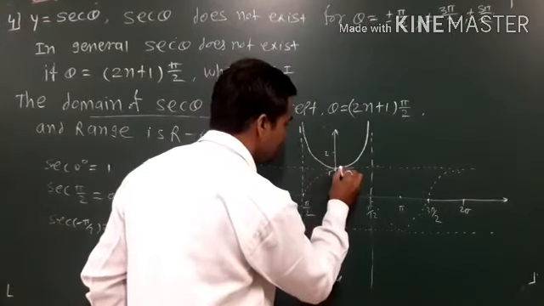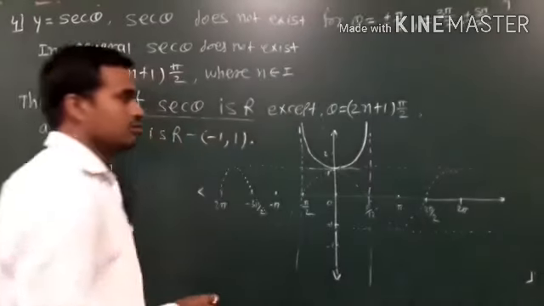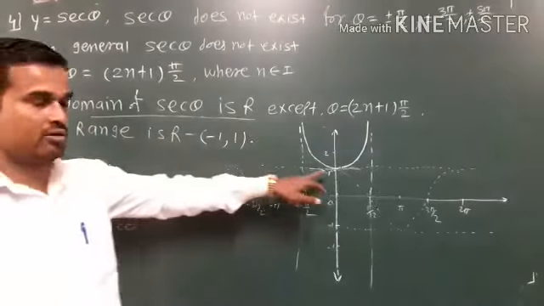These are the points. Okay, this is the graph of y equal to sec theta.